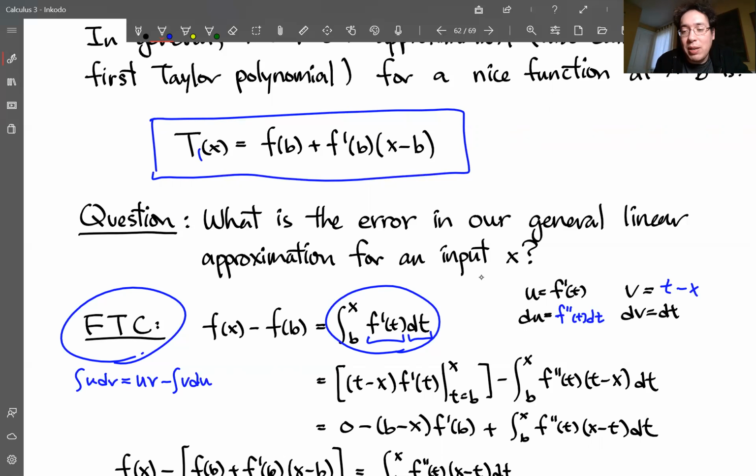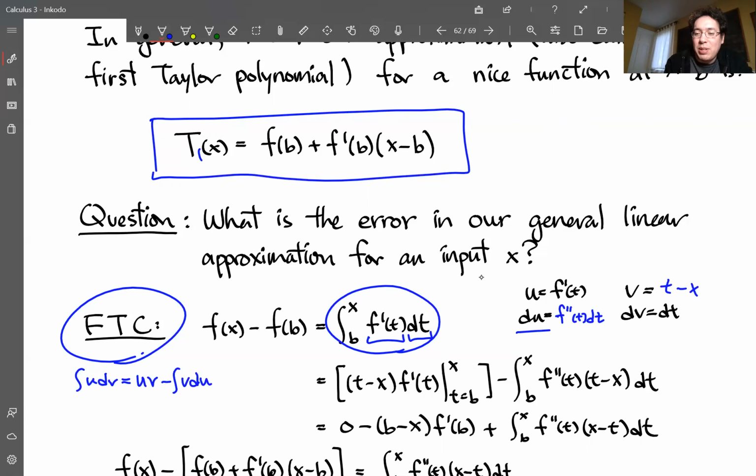The variable of integration is t, and when dv is equal to 1, I could use any antiderivative of constant 1. So the antiderivative of 1 is t plus some constant, and I'm choosing that constant to be negative x. This will come into play in the formula, so that's why I'm choosing this weird antiderivative.